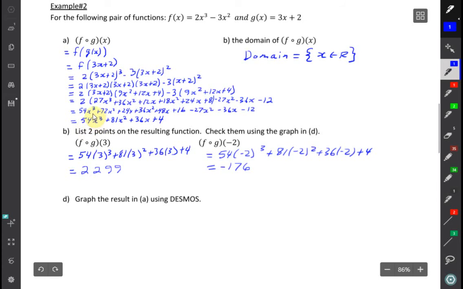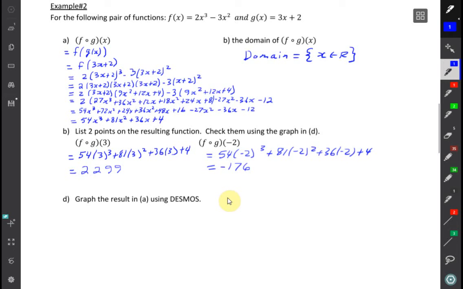In this case, because it's a positive leading coefficient, if we put a negative in, we will get a negative out. So in the negative values, we will have the end going down to infinity. And then with the positive values, we will have the end going up to infinity. So this function will go from the third quadrant up and through to the first quadrant.